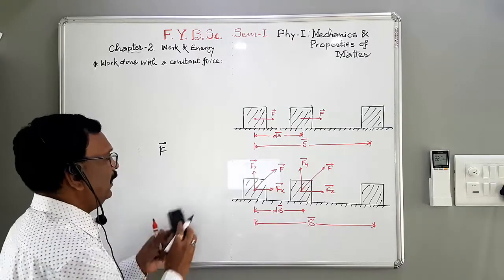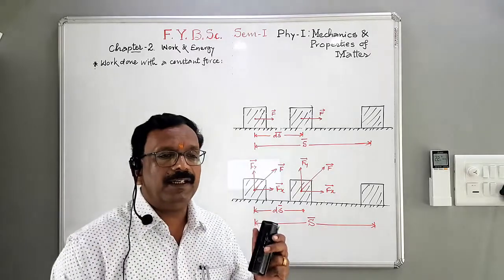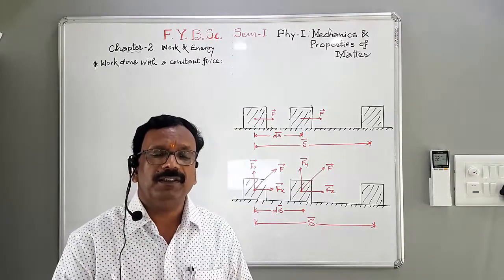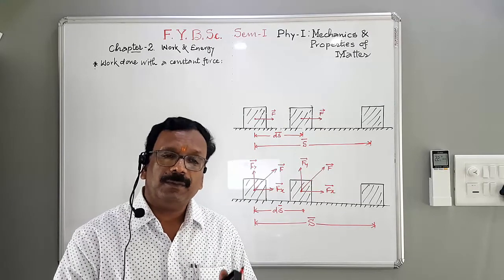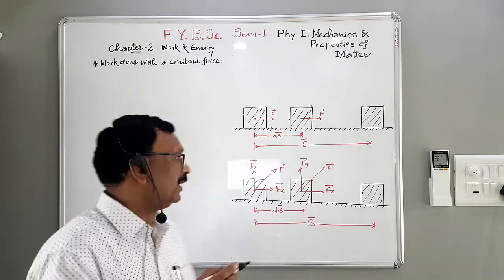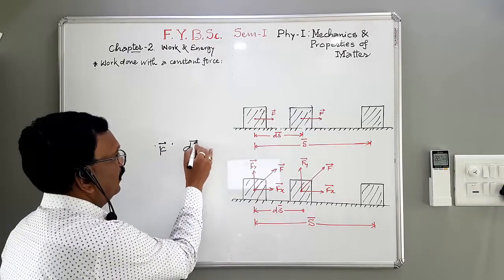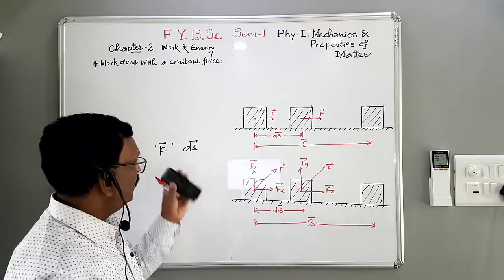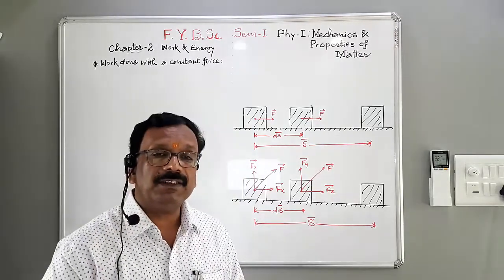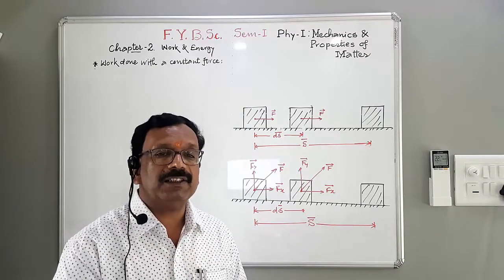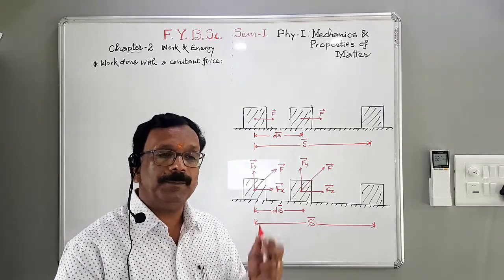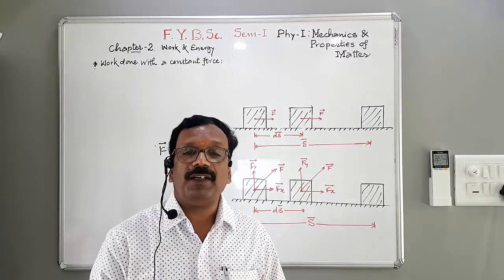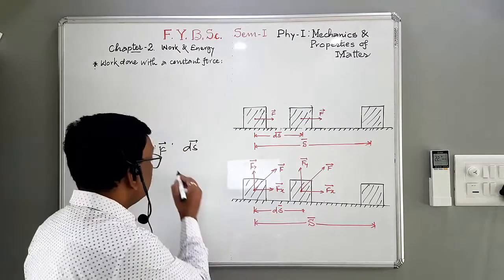Because force is a vector quantity. If this F is the force acting on the body, it is displaced through a small displacement ds. Again there is an arrow above ds, because ds is a small displacement and it is also a vector quantity. So the force F displaces the body through a small displacement ds in the direction of force.